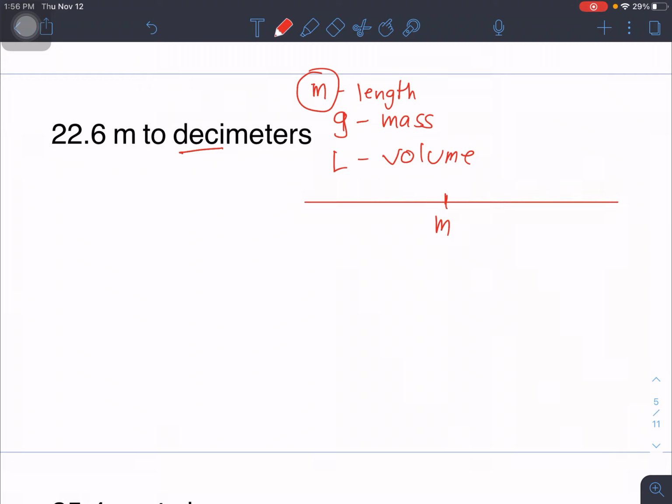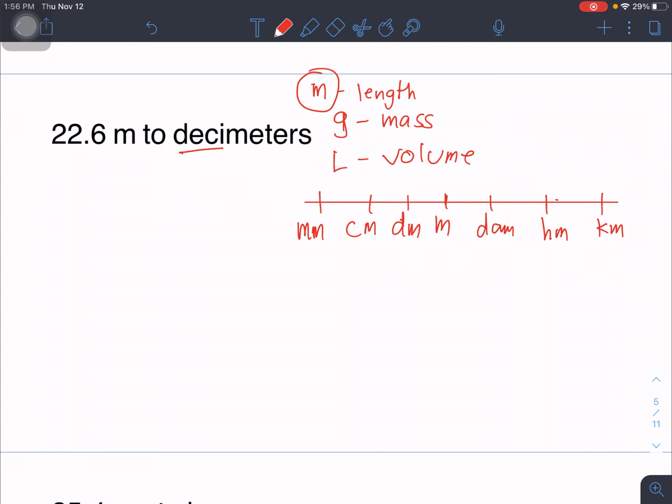So meter. After meter is decimeter, centimeter, and millimeter. After meter, to the right is decameter, hectometer, and kilometer.